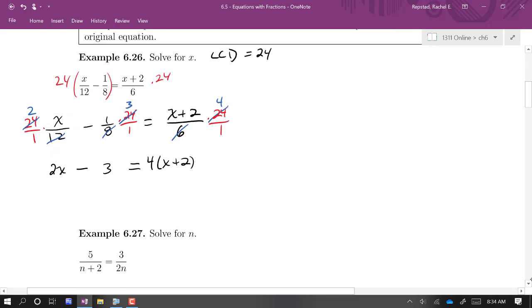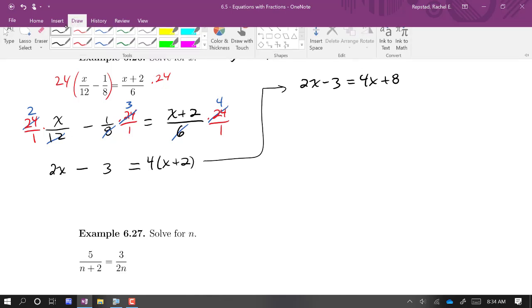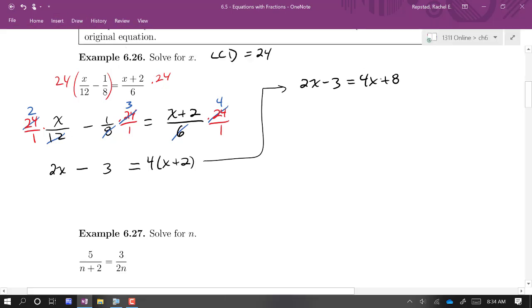This is a linear equation, and we know how to solve linear equations. So I'm going to just go over here so I have a little bit more room. So I got 2x minus 3 equals, we're going to distribute that, 4x plus 8. And then get all of our x's on one side, get the constants on the other side.